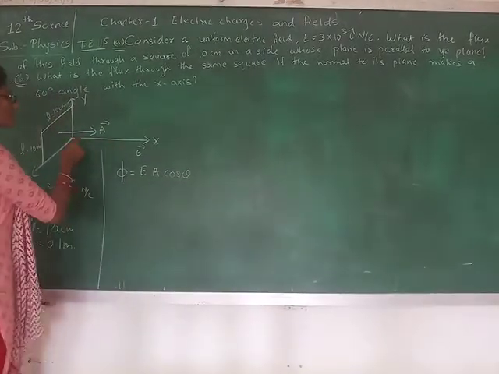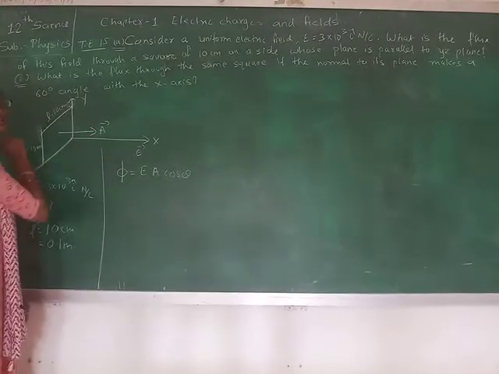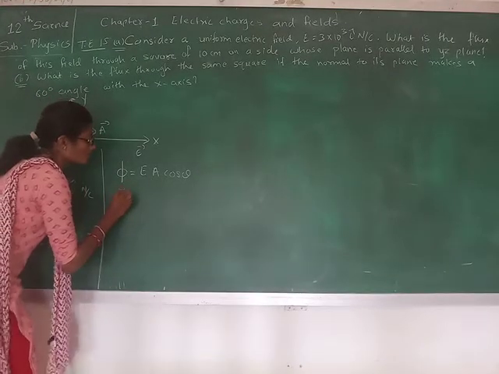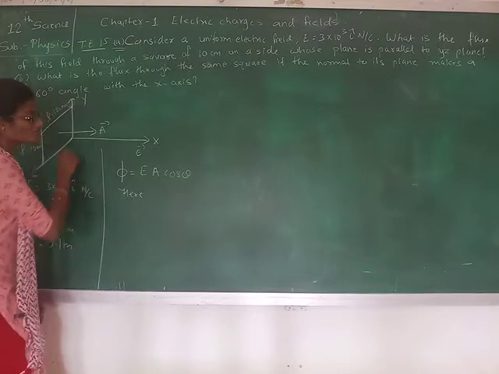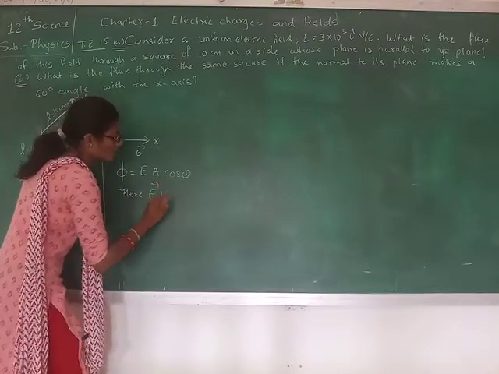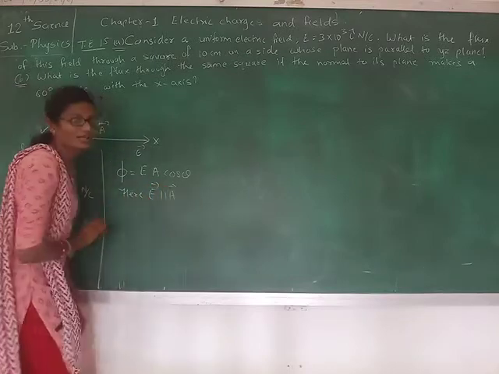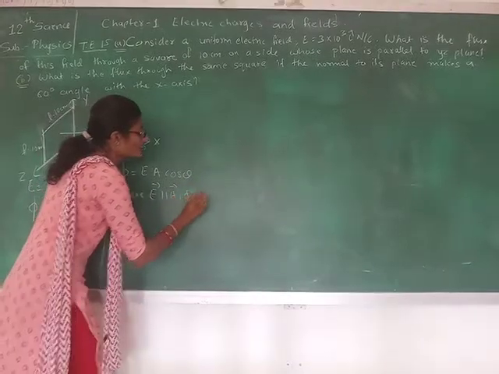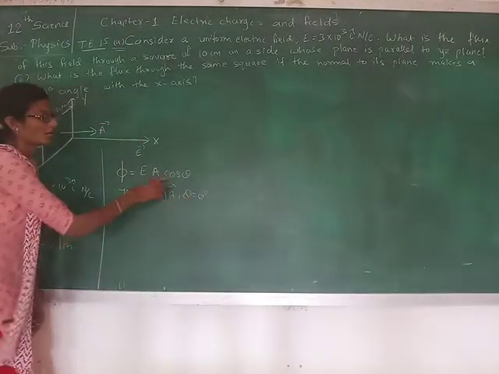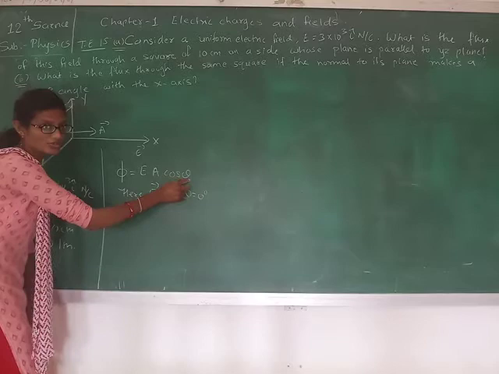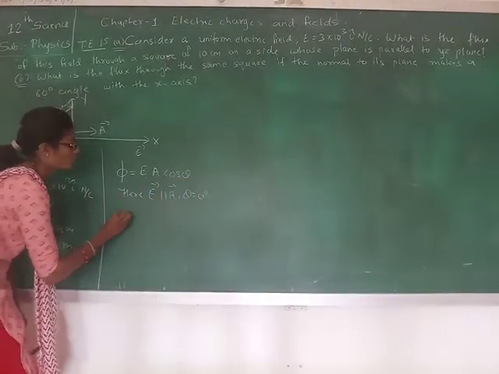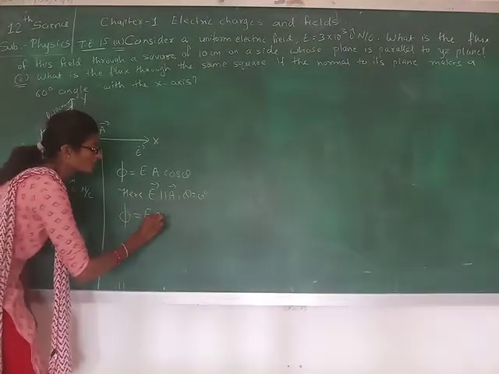Here theta is the angle between the electric field vector and the area vector. As you can see in the figure, E and A are parallel to each other. Therefore, theta equals 0 degree, that is cos 0, which is 1. So flux equals EA.